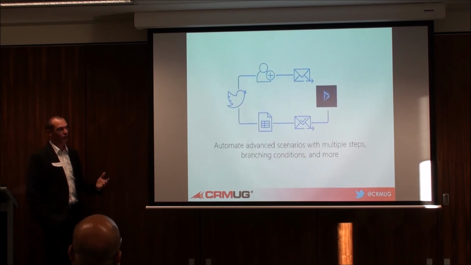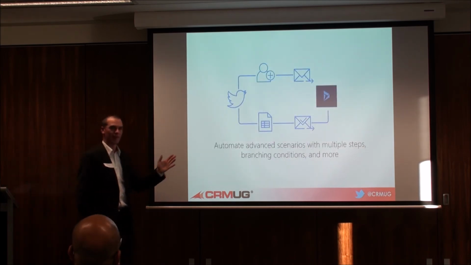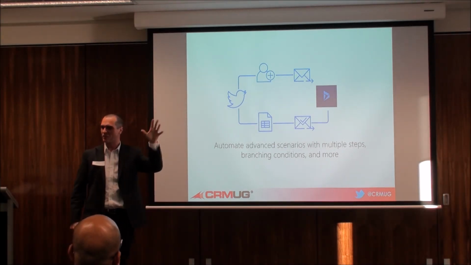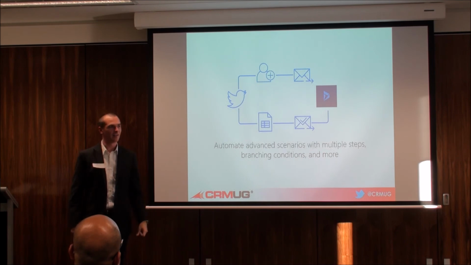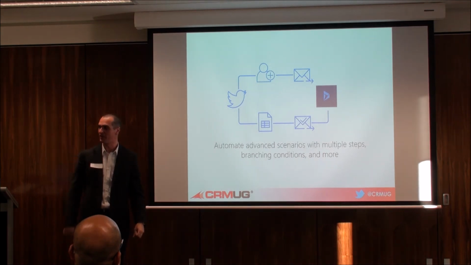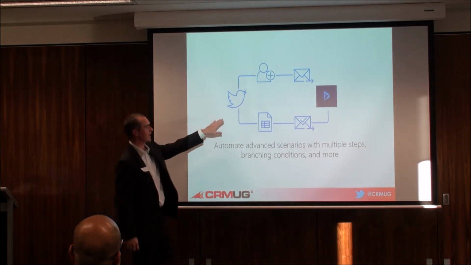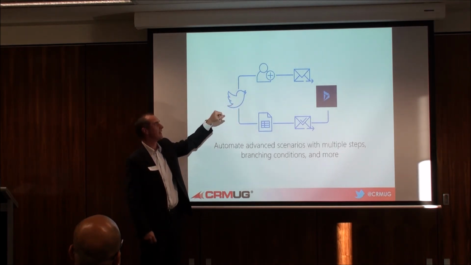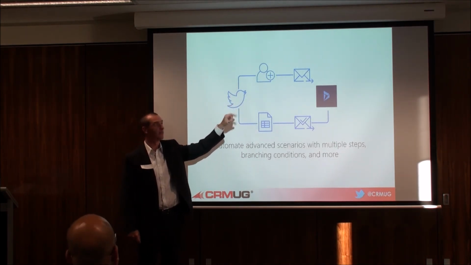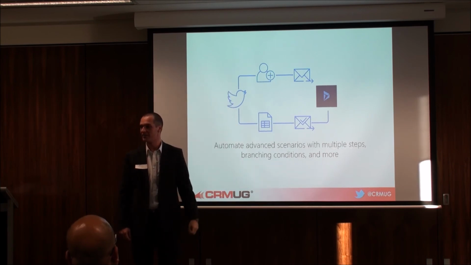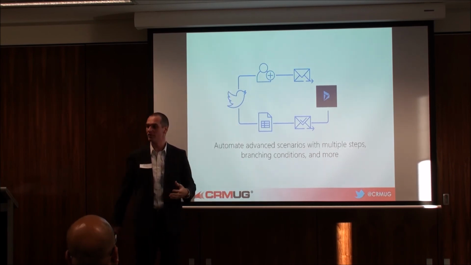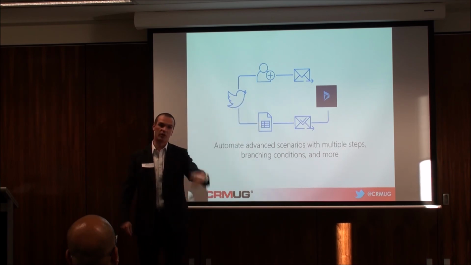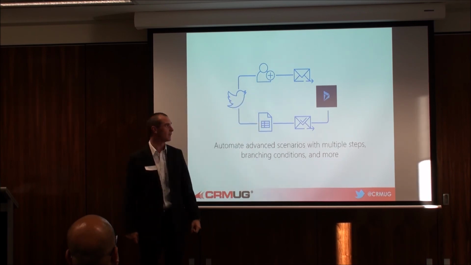And then we can also go through and build out more advanced scenarios, which basically say, if there's something that looks like this, go down that path, but if it looks like something else, go down a different path. So it could be, for example, if there's a tweet that goes out, and the tweet is from somebody that's in my contact list about a particular keyword that I'm interested in, then it might go and notify me, or notify my manager, or whoever it might be via email.